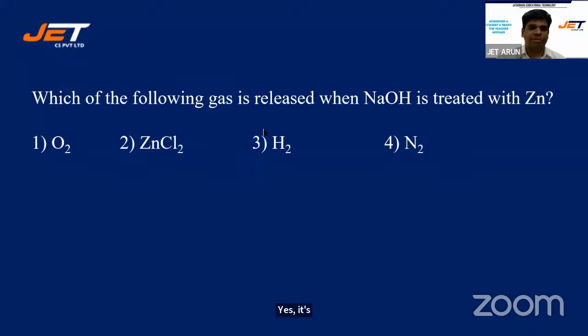How about this one? Which of the following gas is released when NaOH is treated with zinc? It's talking about oxygen, hydrogen, or nitrogen. ZnCl2 is definitely not a gas, so ruled out. Sodium hydroxide treated with zinc.